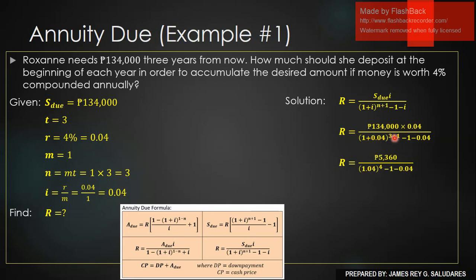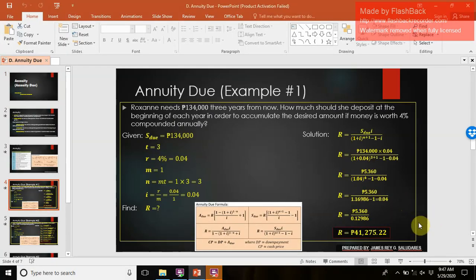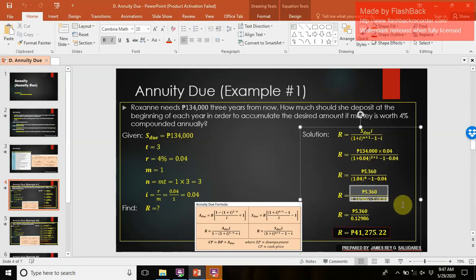You add the exponent, 3 plus 1, so you arrive at 4, minus 1 minus 0.04. So simplify. Copy the numerator, 5,360. Then 1.04 to the power 4 is 1.16986.